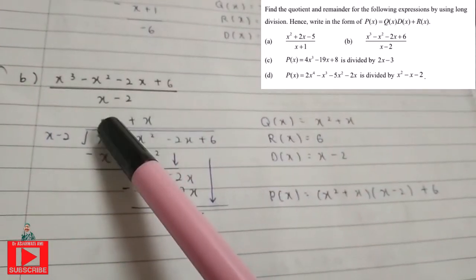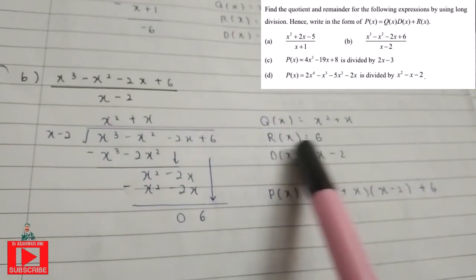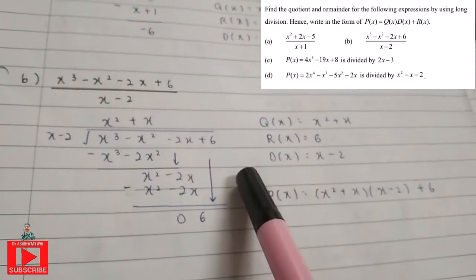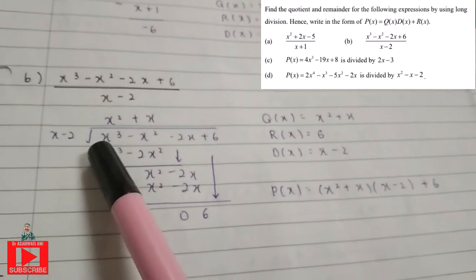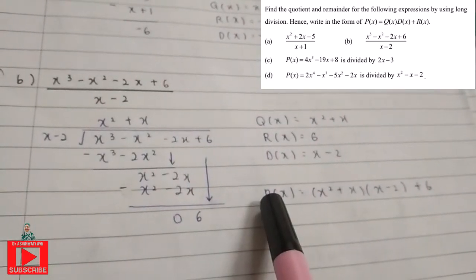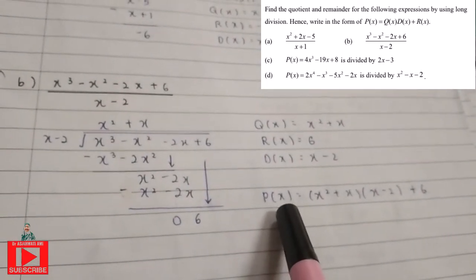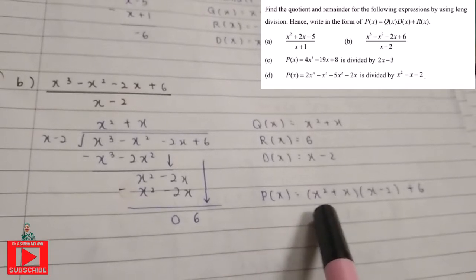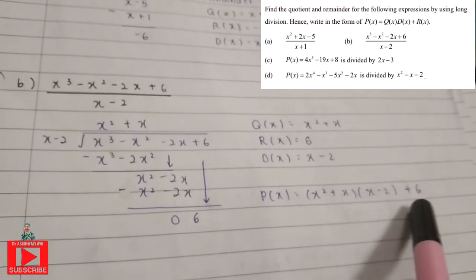So the quotient is x squared plus x, the remainder is 6, and the divisor is x plus 2. And then we just substitute into the form asked, which is p of x equal to x squared plus x, times x minus 2, plus 6.